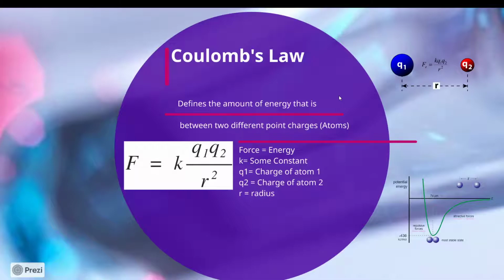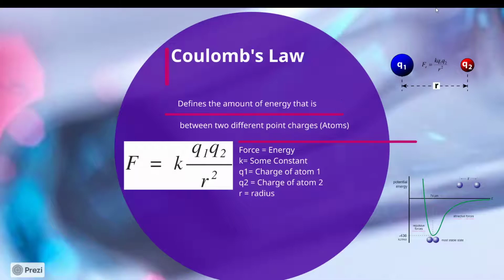In this case, we're going to use point charges as different atoms. Different atoms are going to have different partial charges based off of how well they are distributing electrons around their outer shells. That's what we're going to use for what's known as Q1 and Q2.